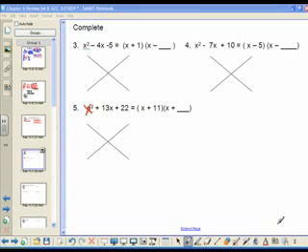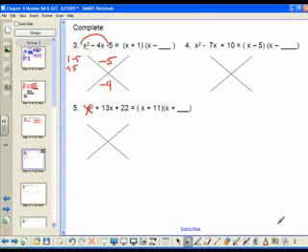Now we always multiply the a times the c number and put the b number at the bottom. So we have 1 times negative 5, so we have a negative 5 and a negative 4. Now the factors of negative 5 is either 1 and negative 5 or negative 1 and positive 5. Which of these is going to add up to give me a negative 4? The first one.